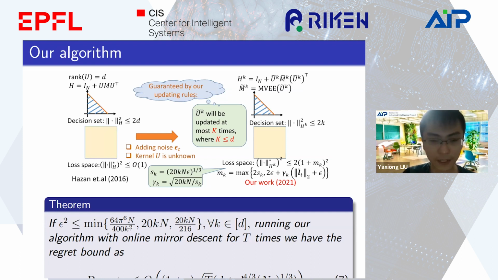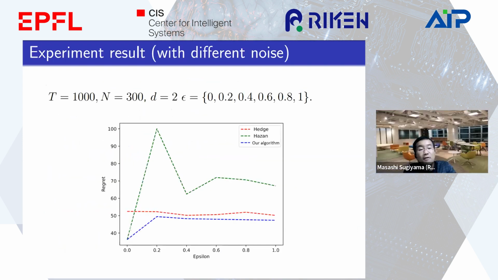So I do believe that even if the epsilon as a noise is a little bit large, our algorithm can perform not worse than the Hedge algorithm or Hassan's result.